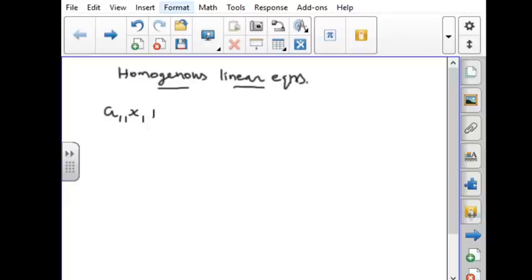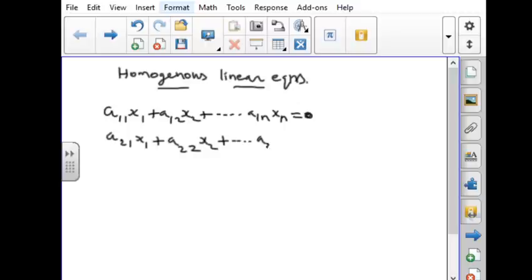a11x1 plus a12x2 etc. up to a1n xn is equal to 0. Because it is homogeneous, we are not having the constant term, so it is equal to 0. The next one is a21 x1 plus a22 x2 plus etc. up to a2n xn is equal to 0.